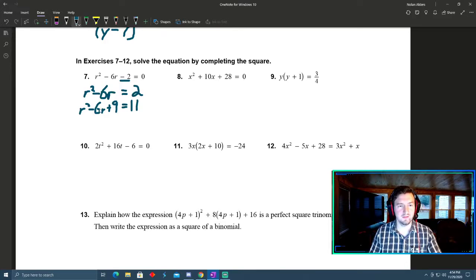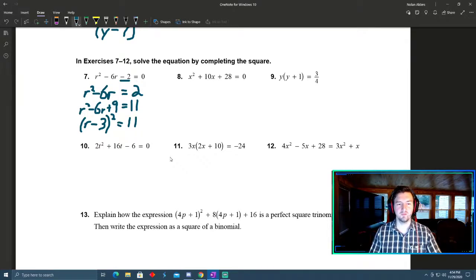Now, we can write this as a perfect square, or a square of a binomial, which is just r minus 3 squared equals 11.